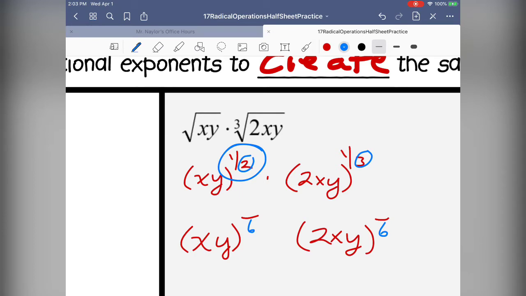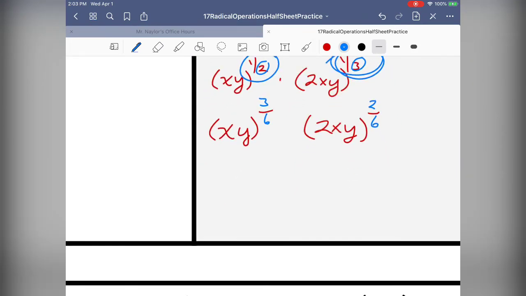That's going to give me a numerator now of 3. For this one here, I'm going to have to multiply by 2. That'll give me a numerator of 2. Once the denominators are the same, that really means that the roots are the same. So I'm able to write this as the 6th root of xy cubed, and I can also write this one as the 6th root of 2xy squared.